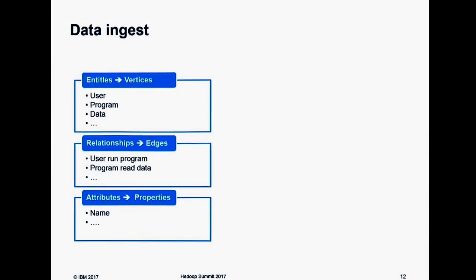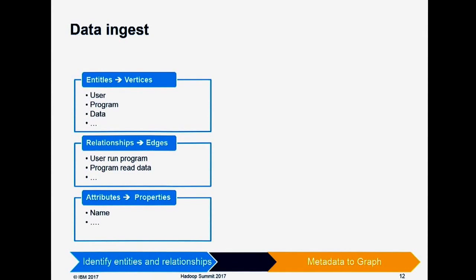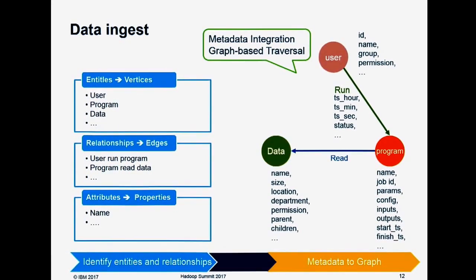We also need to define the attributes for each entity and the relationships. And then we will put this into a graph model.